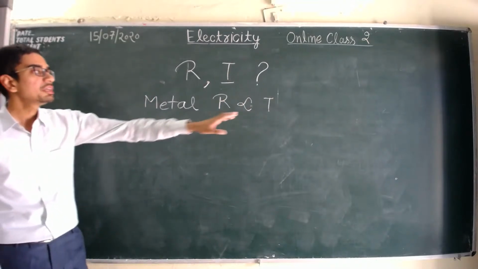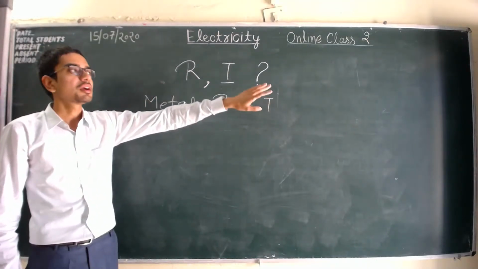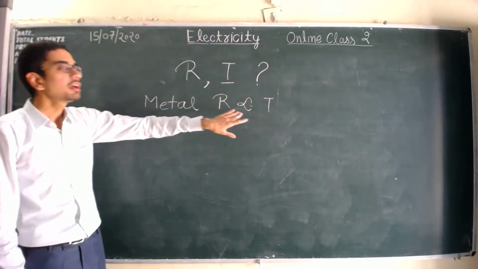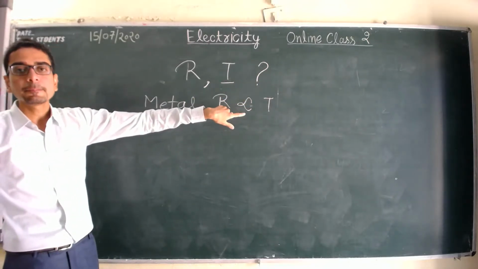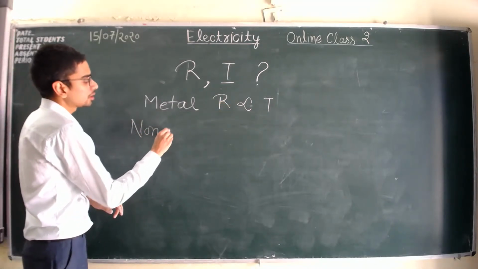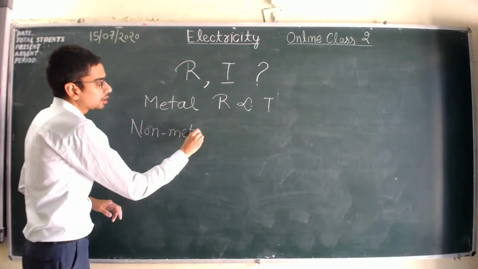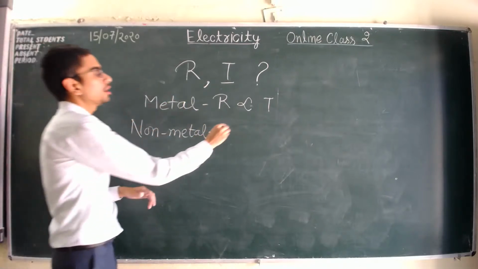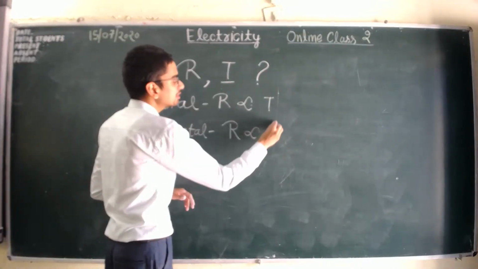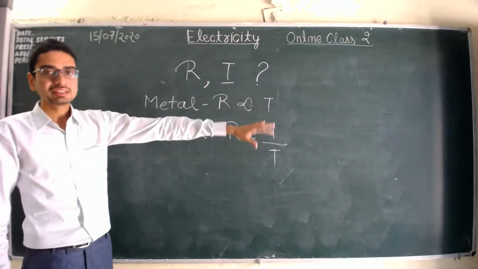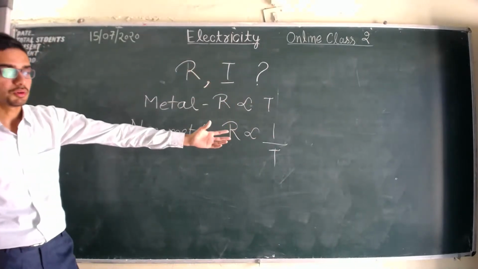Means अगर टेम्परेचर आप किसी भी कॉपर वायर का, एल्यूमिनियम वायर का, किसी भी मेटल का इंक्रीज करोगे तो उसका रेजिस्टेंस भी इंक्रीज होगा. ठीक है, बट इन केस ऑफ नॉन मेटल्स, उस केस में जो रेजिस्टेंस है वो इनवर्सली प्रोपोर्शनल होता है. मींस टेम्परेचर आप इंक्रीज करोगे तो रेजिस्टेंस कम होगा.